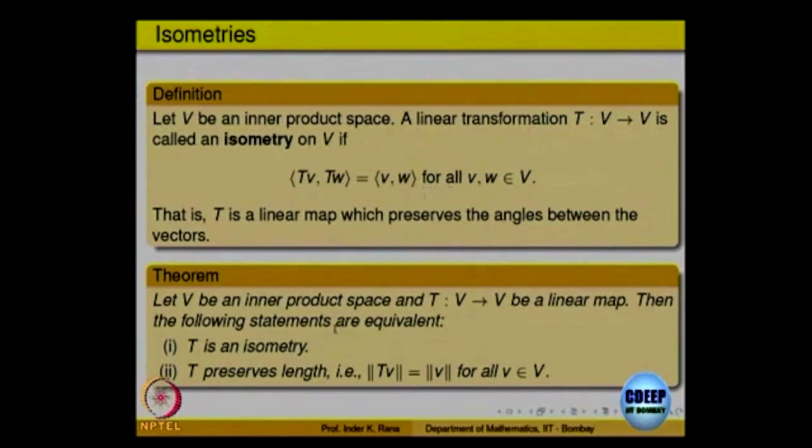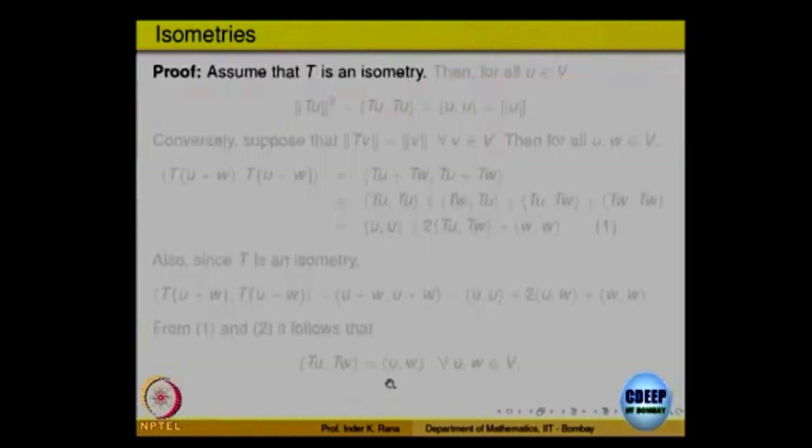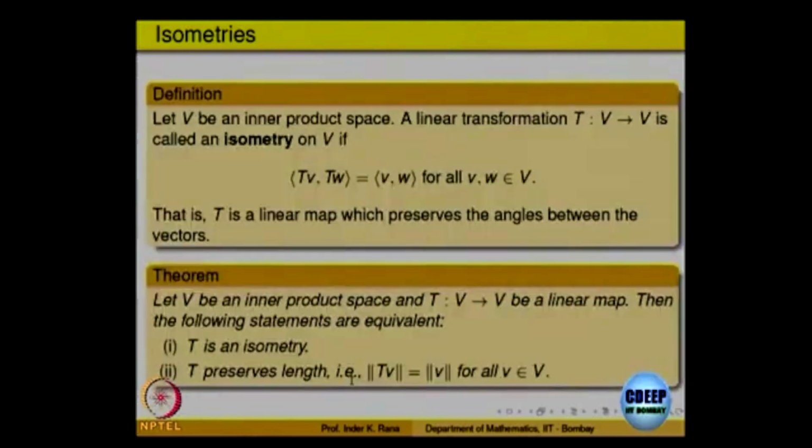So T is an isometry if and only if it preserves the notion of distance also. The magnitude of the vectors is kept intact. So an isometry takes lines to lines, preserves angles as well as magnitudes. So they are sort of the perfect transformations in the planes.